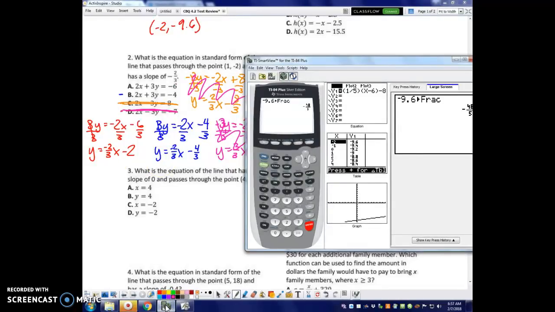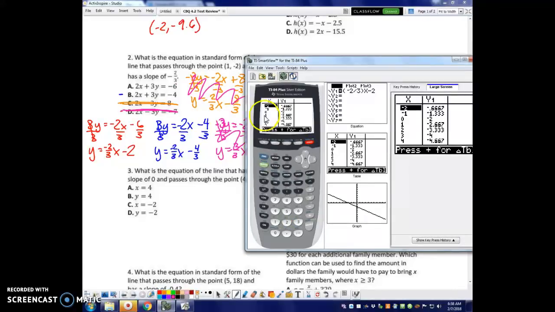Type them in. Y equals, we have negative 2 over 3, x minus 2. We're looking for the point (1, -2). Oh, I forgot parentheses. Clear. Negative 2 over 3, x minus 2. Okay, so we're looking for that point, so go to the table.